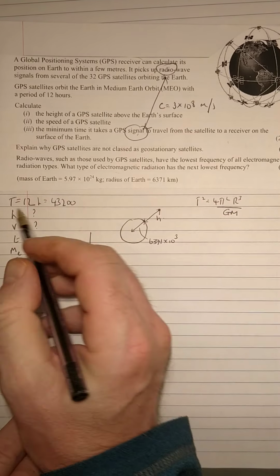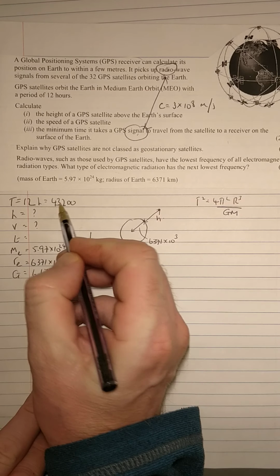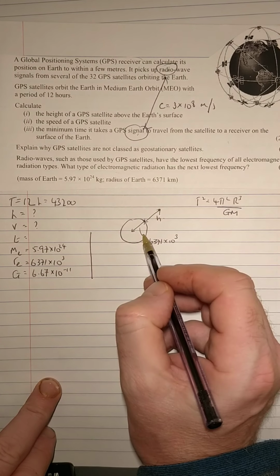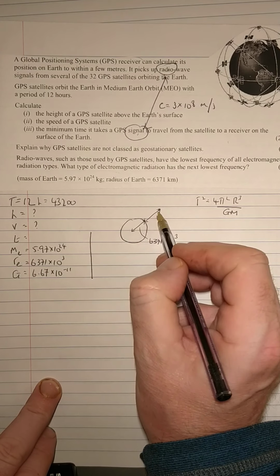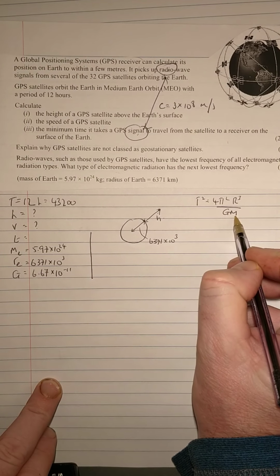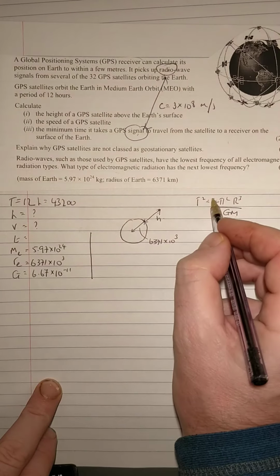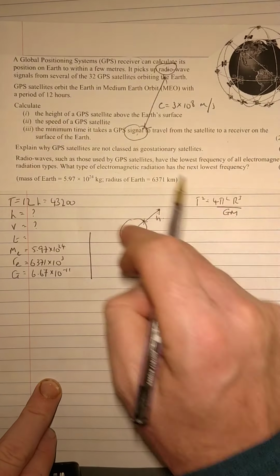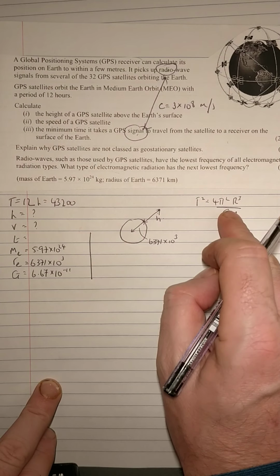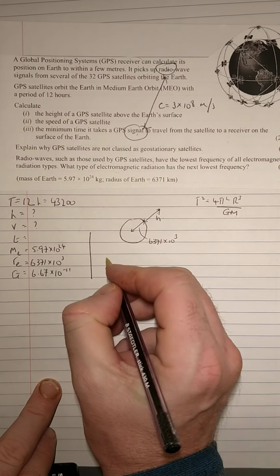Look at this formula: you have the periodic time, you're looking for the height, and you have the radius of the Earth. If you've got the radius of the orbit, you'd be in business. You've been given the mass of the central planet, so you're in business. So this is your formula. As I said earlier, you were asked to derive that. Even if you weren't, when you're looking at your formulas, that's the one you're interested in.